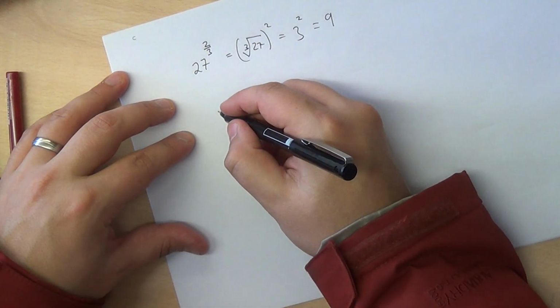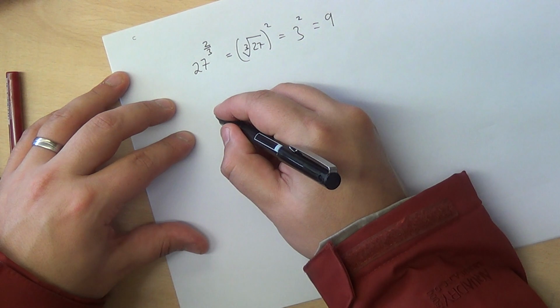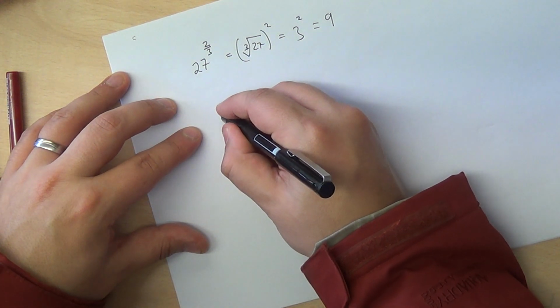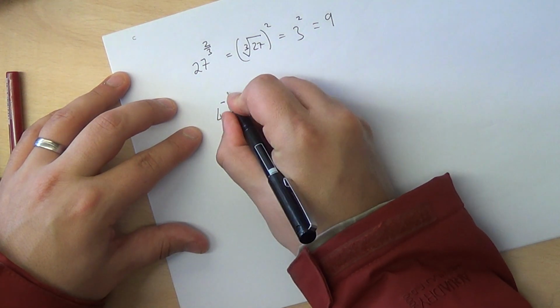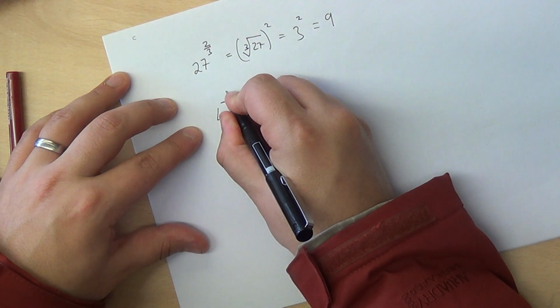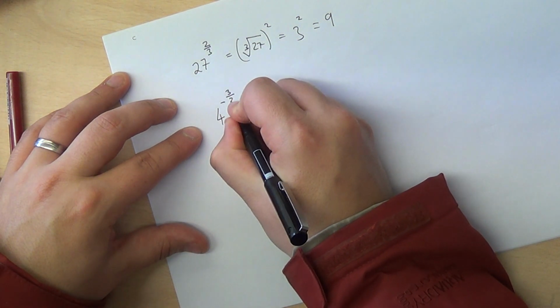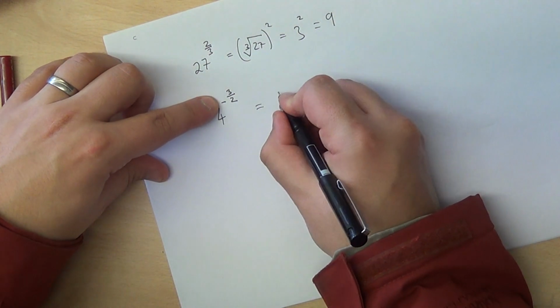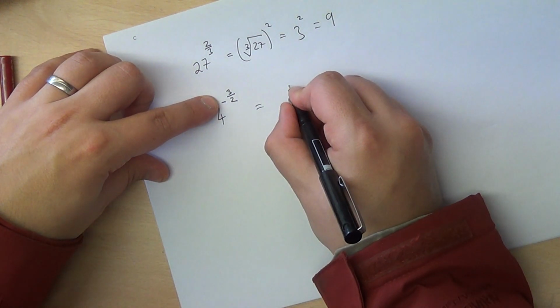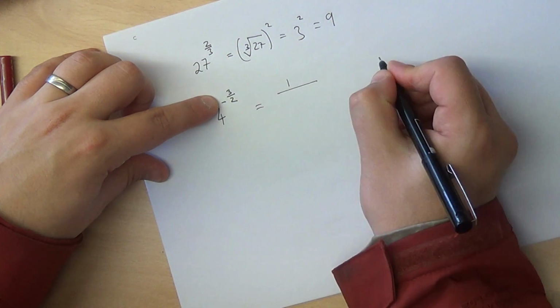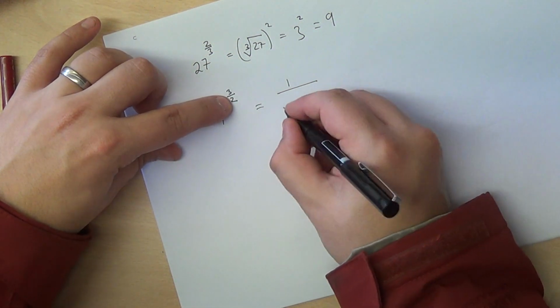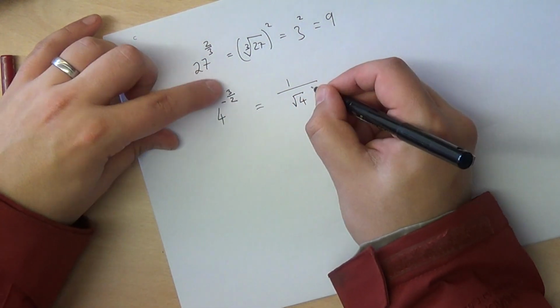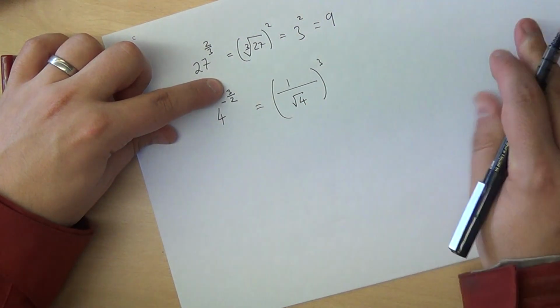And very finally, all together, let's do 4 to the power of negative 3 halves. All right. The negative we met before, that makes it a fraction. I mean 1 over something. The 2 is a square root, and the 3 is a cube.